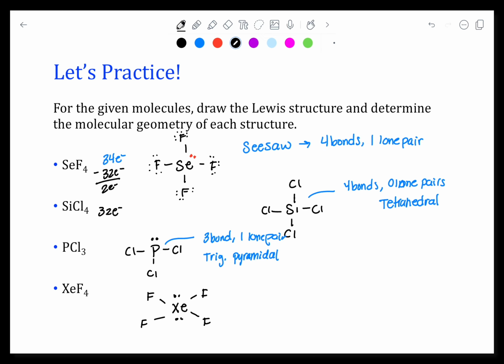So that's 2 lone pairs, 4 bonds, which gives us square planar. Square planar because these fluorines all form a square and they are in the same plane. So that's octahedral for our electron domain geometry, but since I have 2 lone pairs, that becomes square planar.